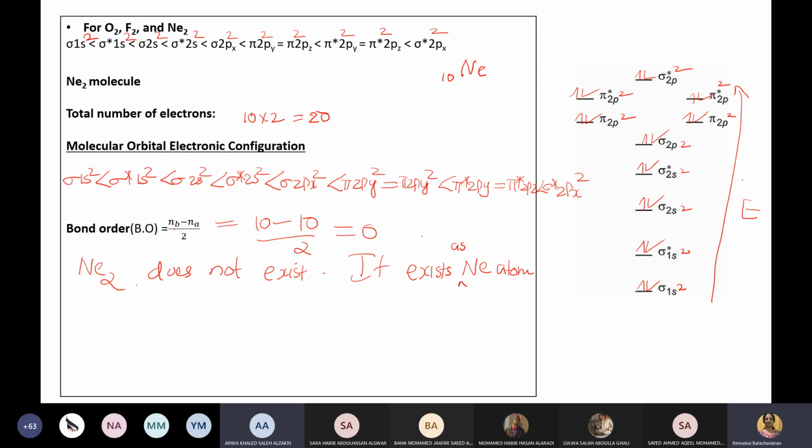Bond order negative means it's highly unstable, because the energy of the molecule is very high. Normal elements will not usually have negative bond order. If it is there, it's highly unstable. Okay, thank you, Doctor.